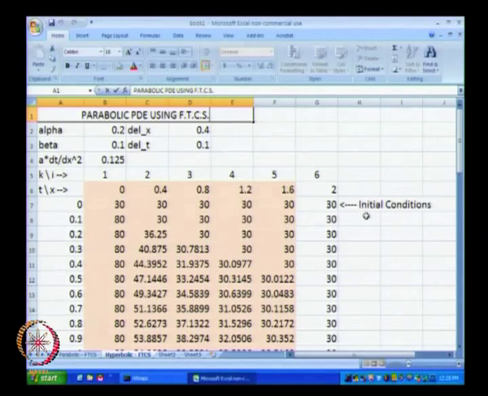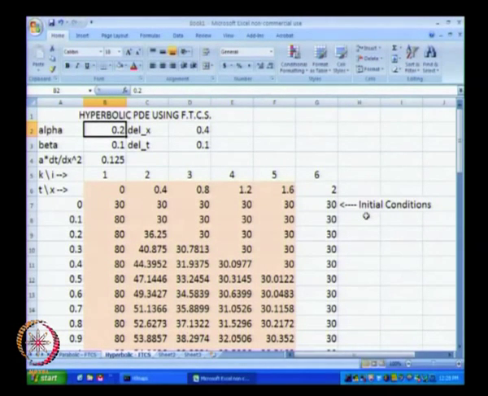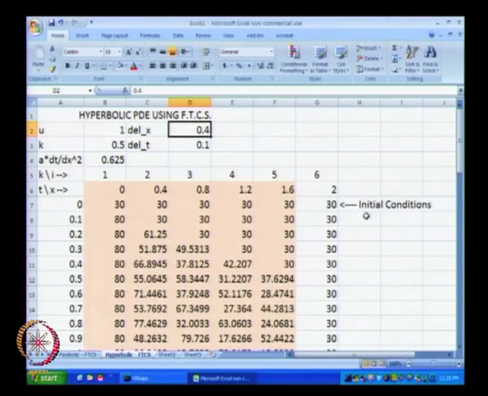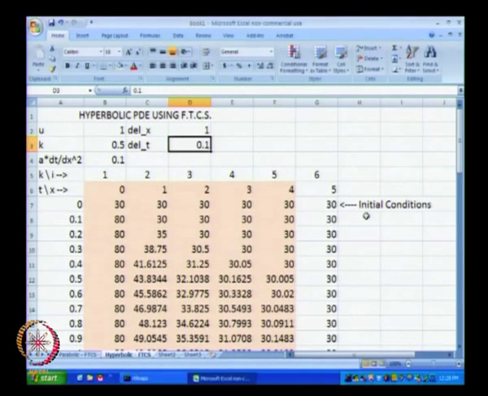Okay. So, let us look at Excel now. Hyperbolic PDE using FTCS. Instead of alpha we have the velocity u and the constant k. The k is 0.5 over here, u was equal to 1, delta x we have taken as 1 and delta t we will take 0.1. We do not need alpha delta t by delta x square as we had previously.